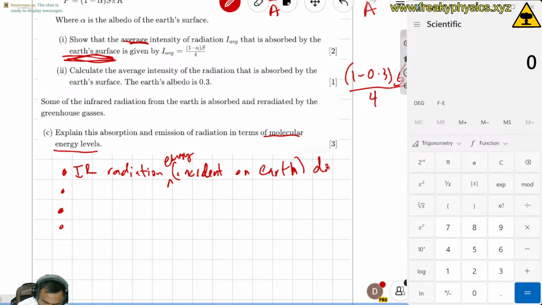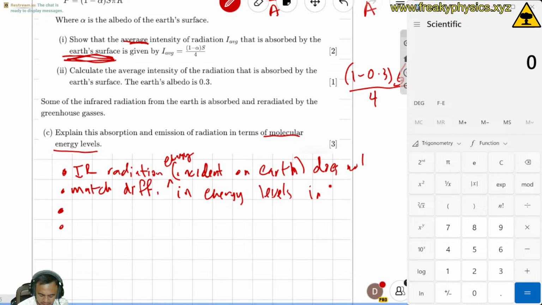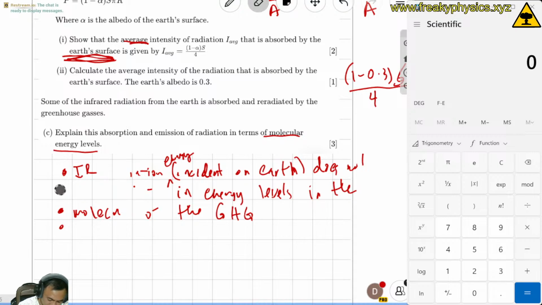Does not match energy level differences in energy levels in what? In the molecule of the greenhouse gas. So that's the first mark. If I'm going to be generous, this is going to be 2 marks at the moment. Okay, so let's remove that and let's remove this.